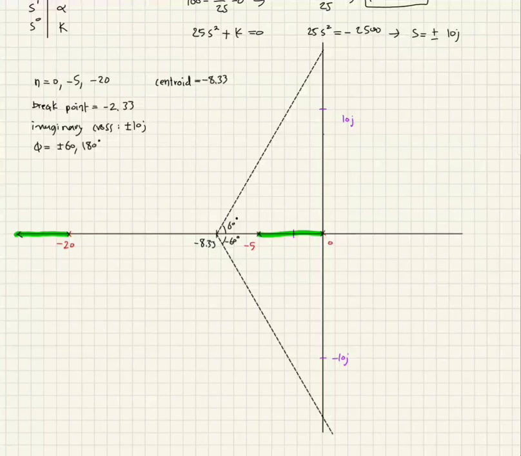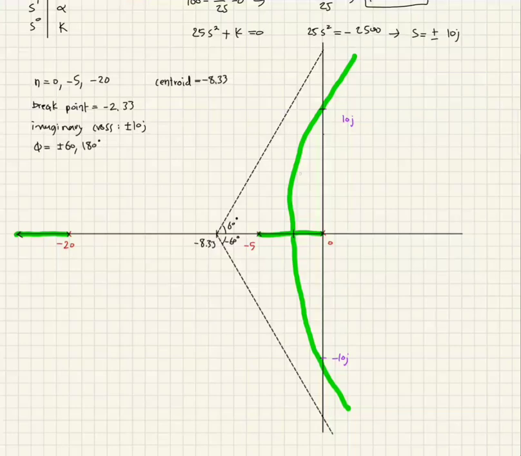Now we can see that we have a breakaway point, and that the locus will go from here, cross here, and then continue with respect to this asymptote, both ways. So we're going to draw like this, something like that, and it's going to go both ways. I'm not good at drawing, but if you use software, it's going to make things much easier to understand. So that's our general look at the root locus.